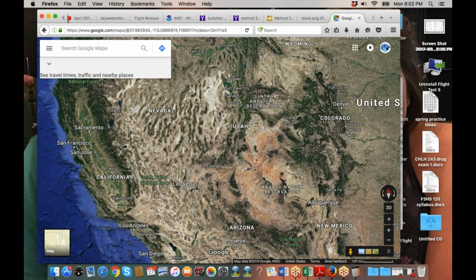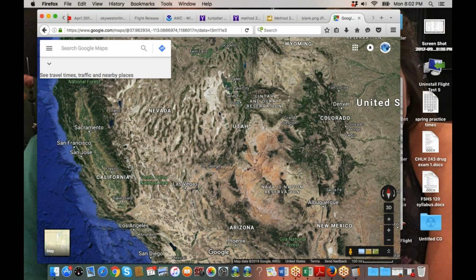It's automatically calculated in our fuel burn, and it takes into consideration all the mountains and all the buildings and everything along our route. So these are big.